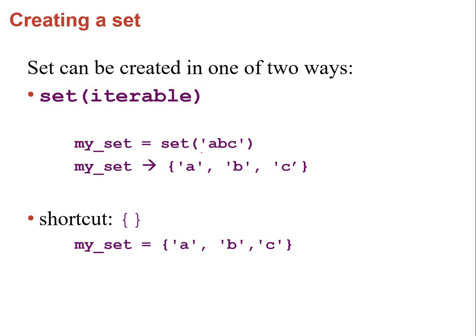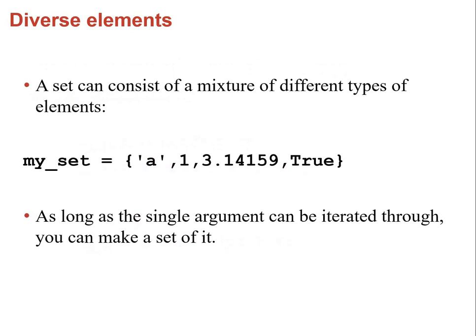So if you write ABC, Python is going to convert that into a formal set, similar to how typing in a list converts it into a list. The idea is the same. Or you can use curly braces directly to define your own set instead of using the set function.